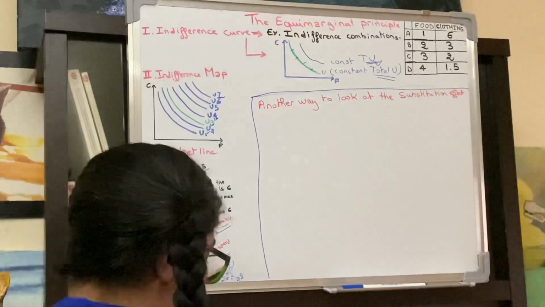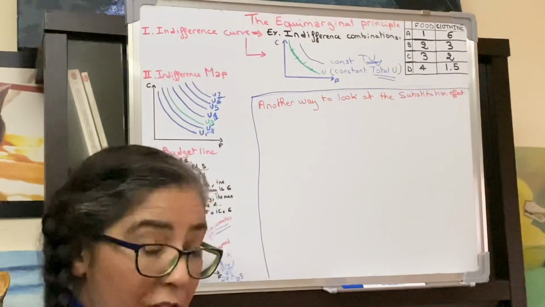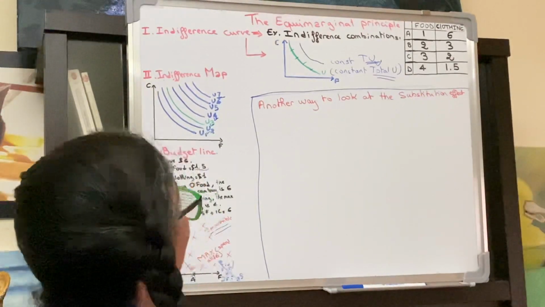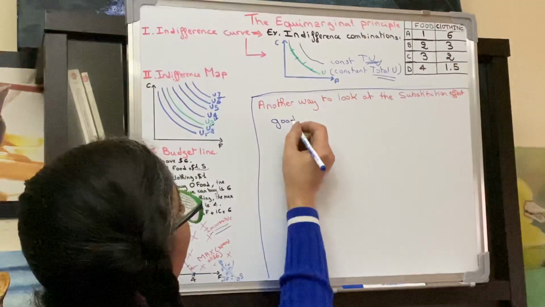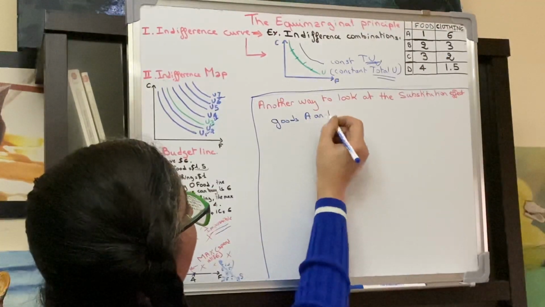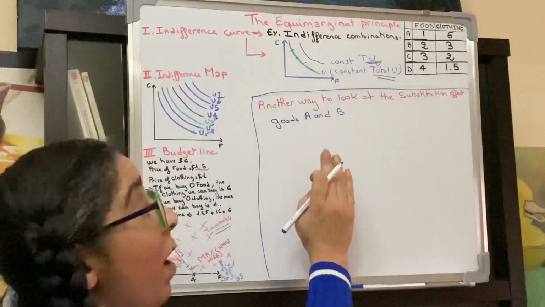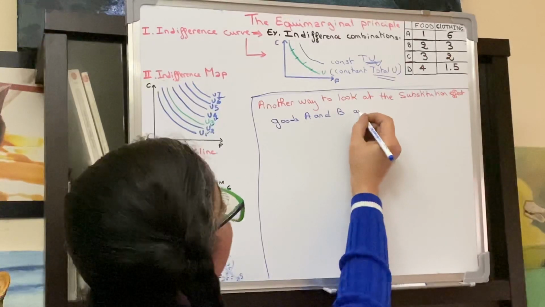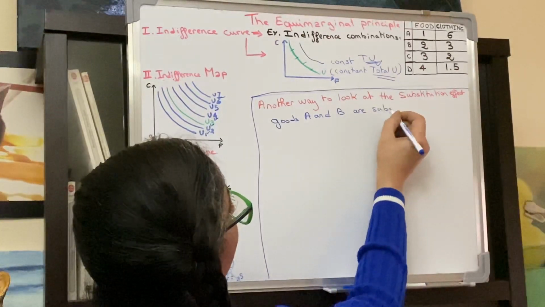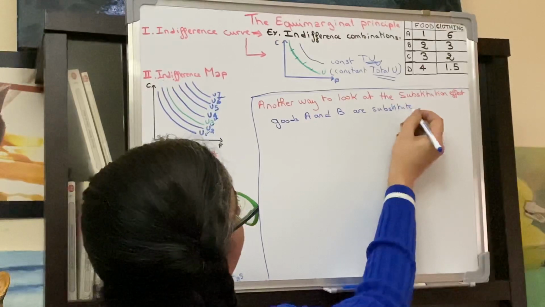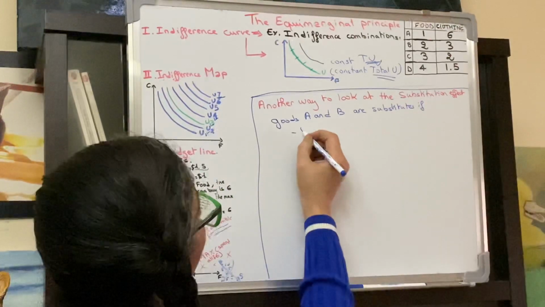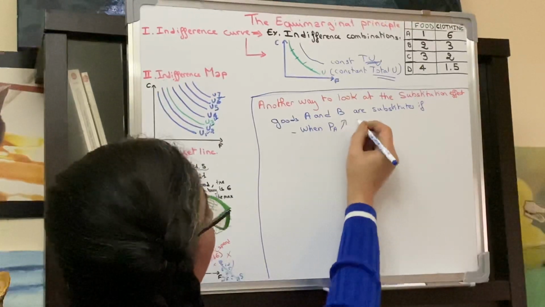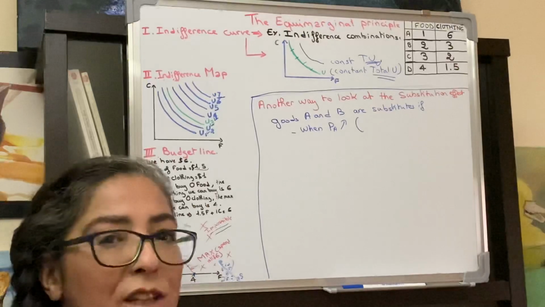Okay, now what is the substitution effect, if you recall? Do you remember? Okay, goods A and B, I'm rewriting it here. You have it. We have done this in chapter 3. Goods A and B are substitutes if, when the price of A increases, what's going to happen to the quantity demanded of B?